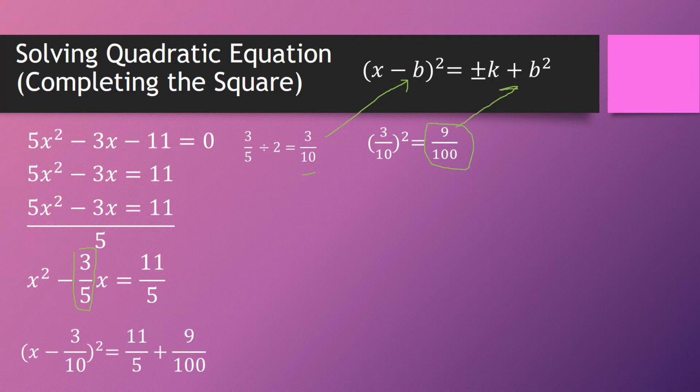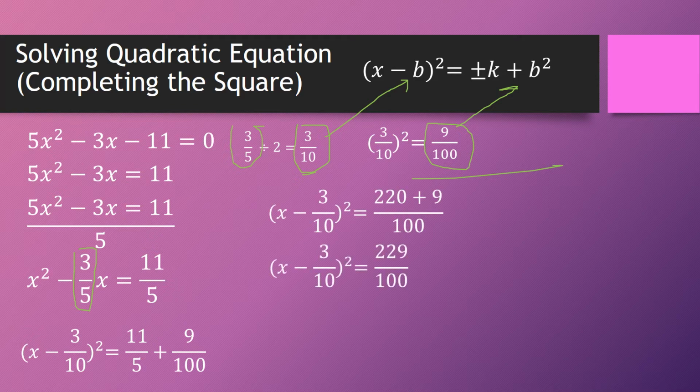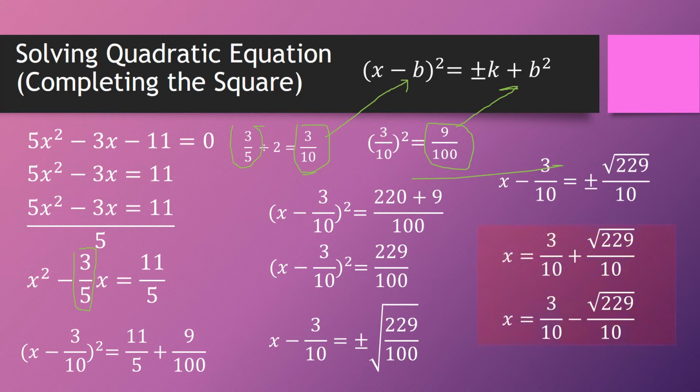Now, just substitute here 3, negative because you have negative in the equation. 3 over 10 is the value of the b that you find here. And 9 over 100 is this value. You do the operation with a square root, and you have two solutions.